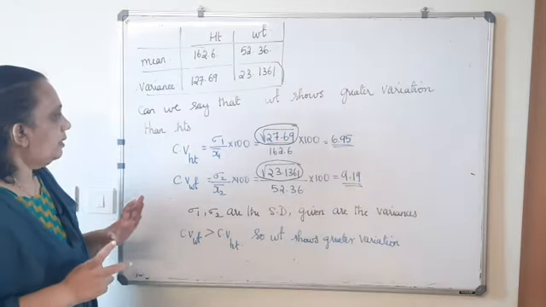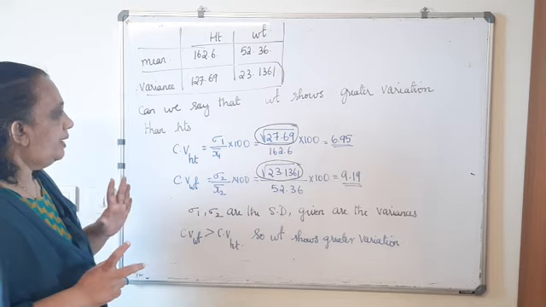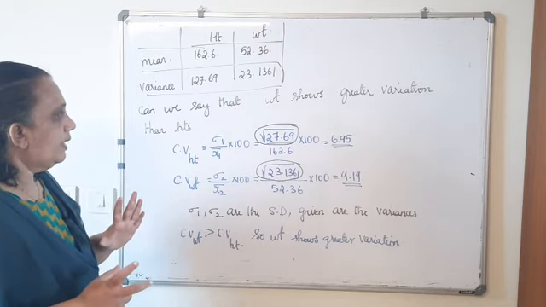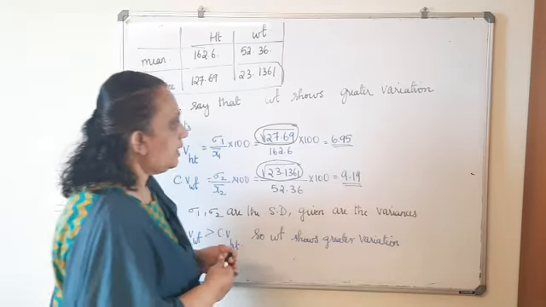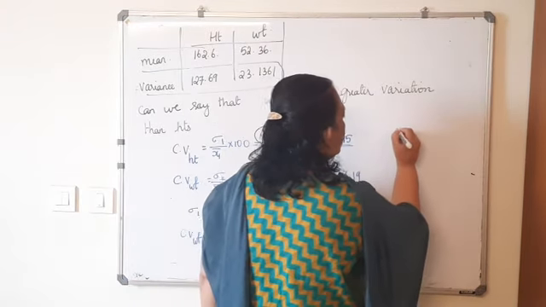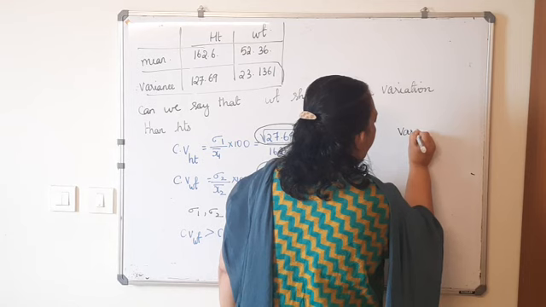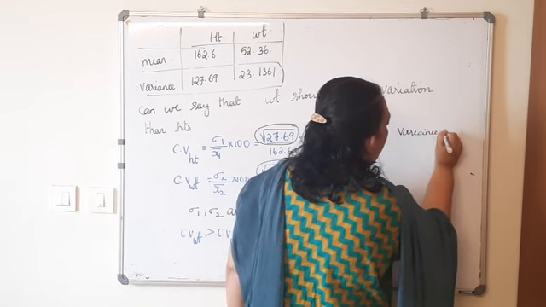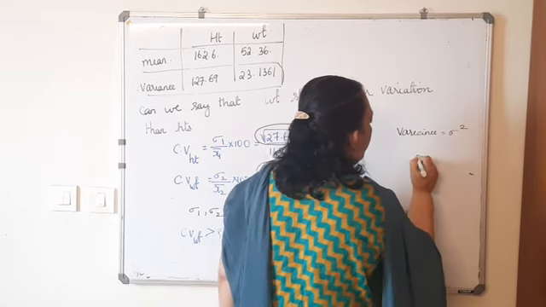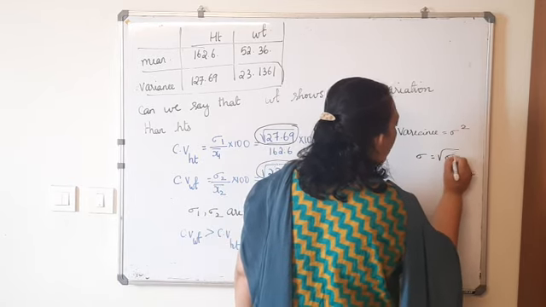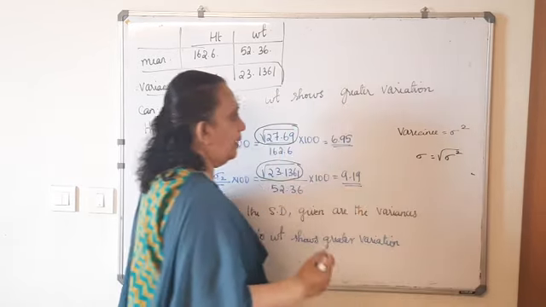There is a relationship between variance and standard deviation. Variance is equal to the square of the standard deviation, or standard deviation is equal to square root of variance.